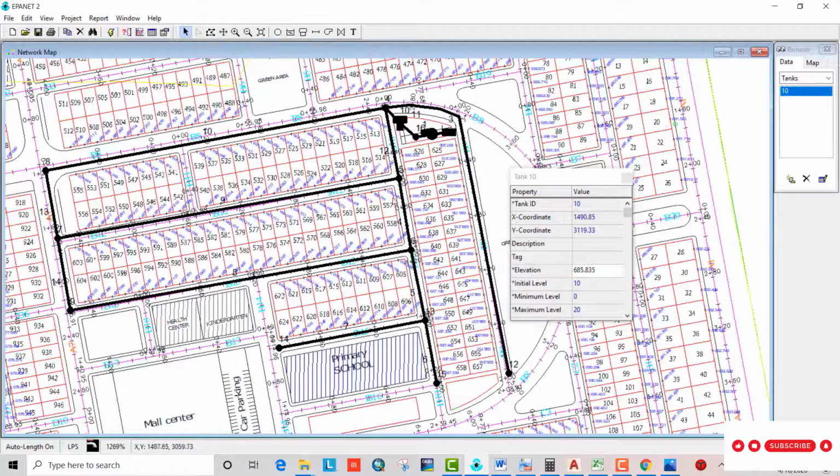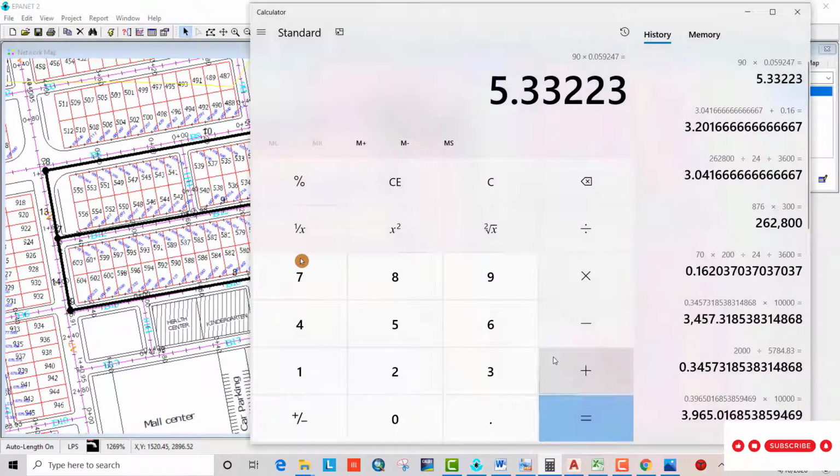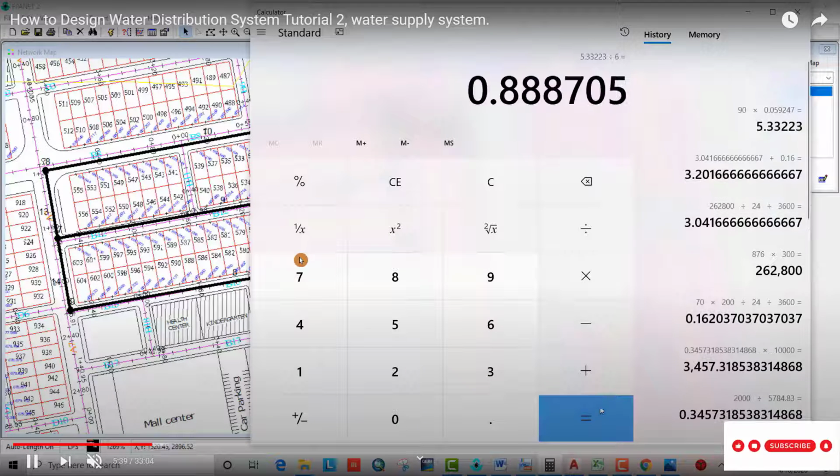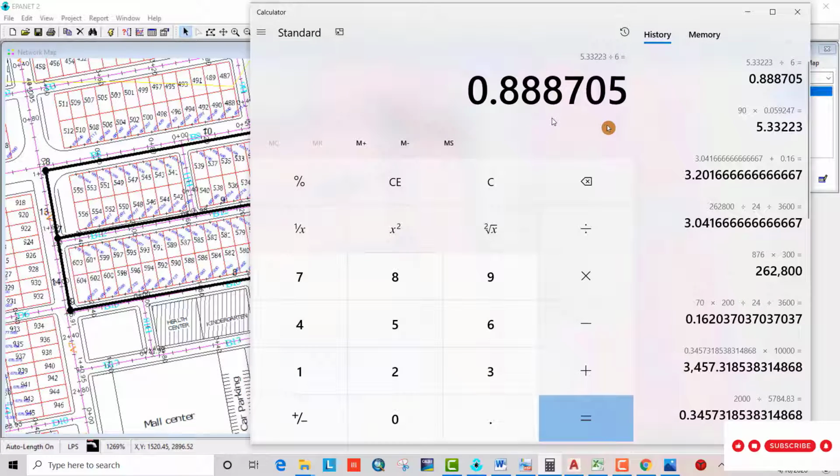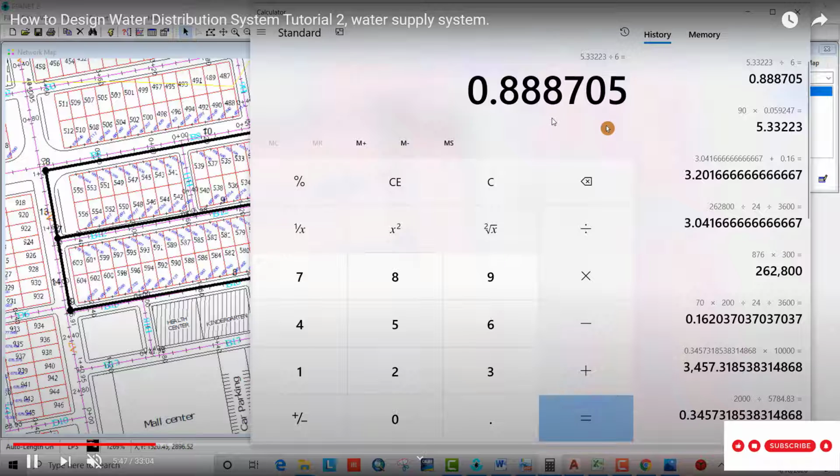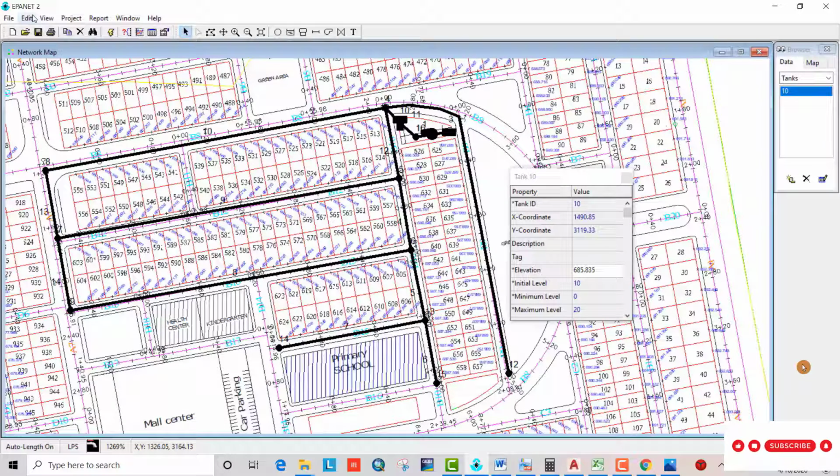Divide by 6, and it equals 0.88. You can use 0.89. I input 0.89.